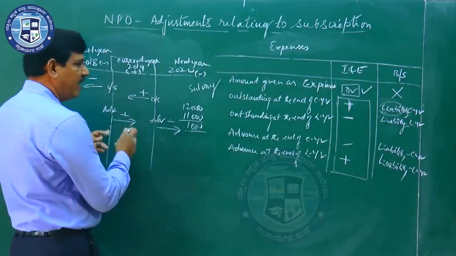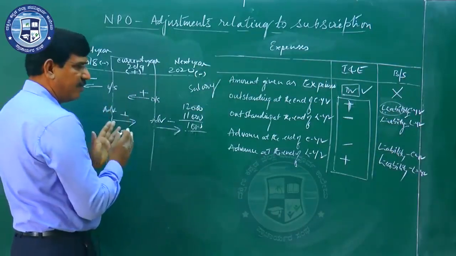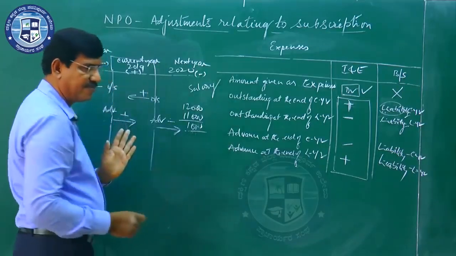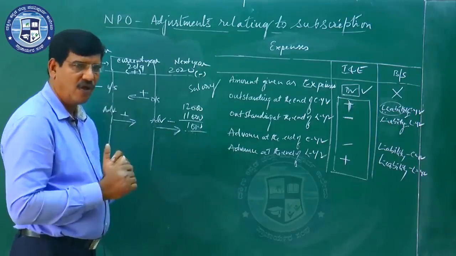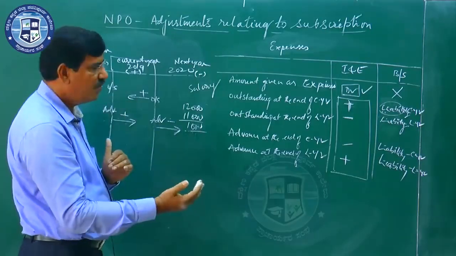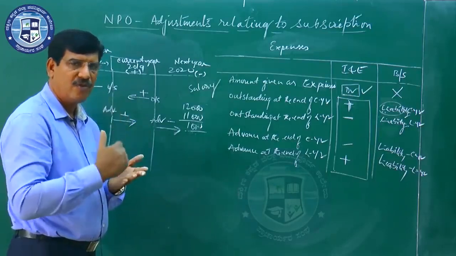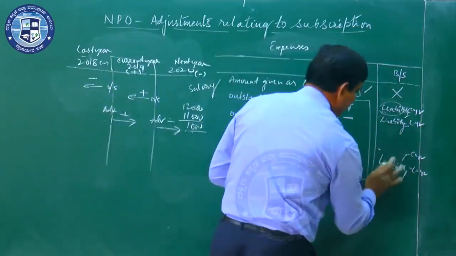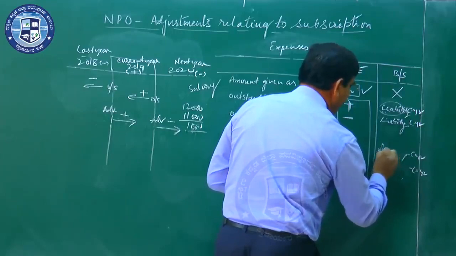Now look at the advances. The advances are the amounts given for next years. So whenever you pay the expenses in advance, in the coming years you need not pay that amount. To that extent, your responsibility will be reduced. So these advances must be considered as asset.